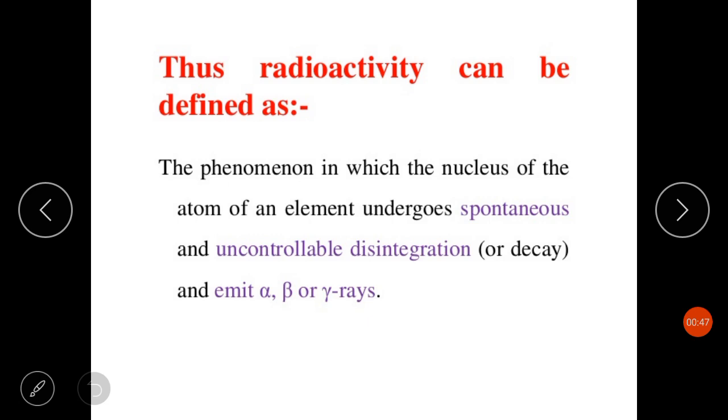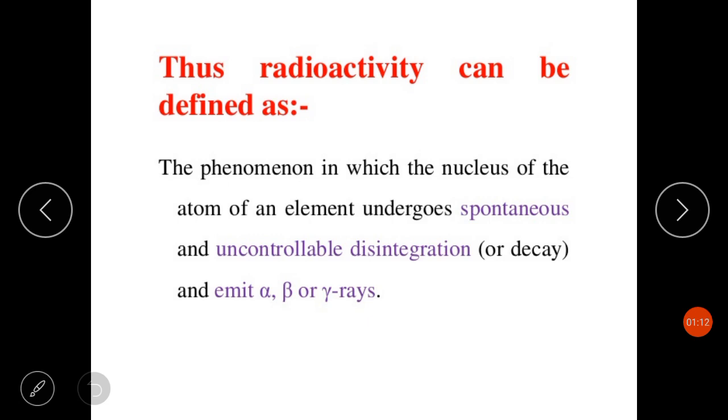This radioactivity is also known as radioactive decay, nuclear disintegration, or radioactive disintegration.